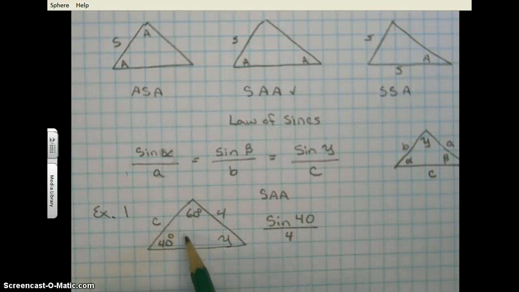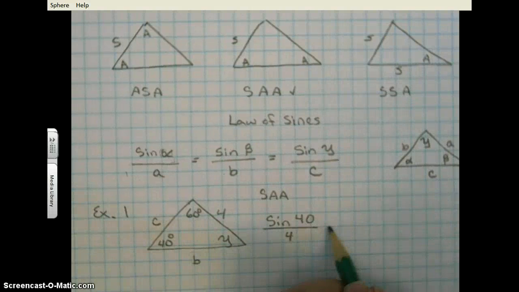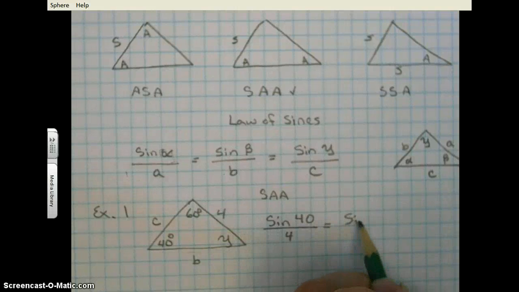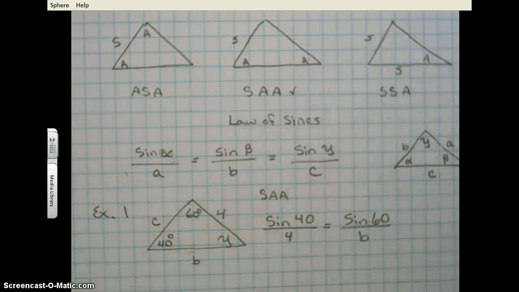Okay, and let's say we want to find B. So we'd have the sine of beta over B. Okay, solving this, we cross multiply.